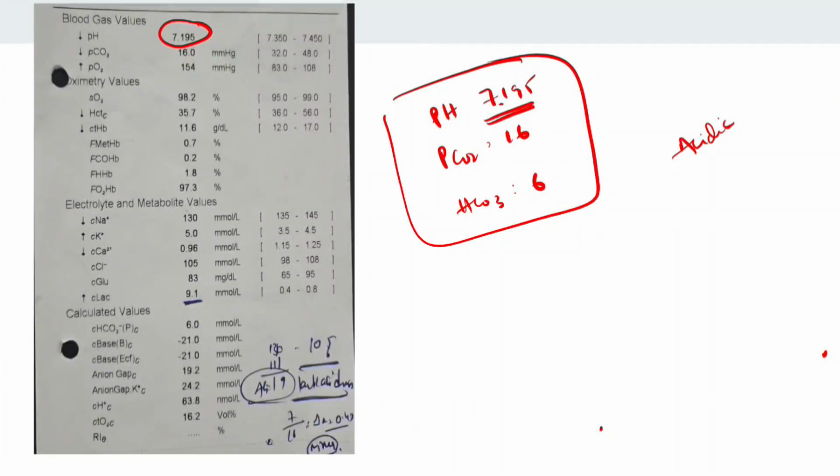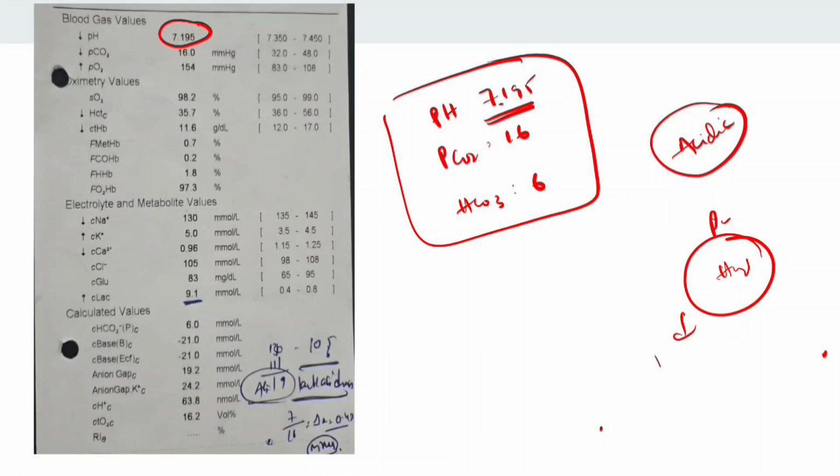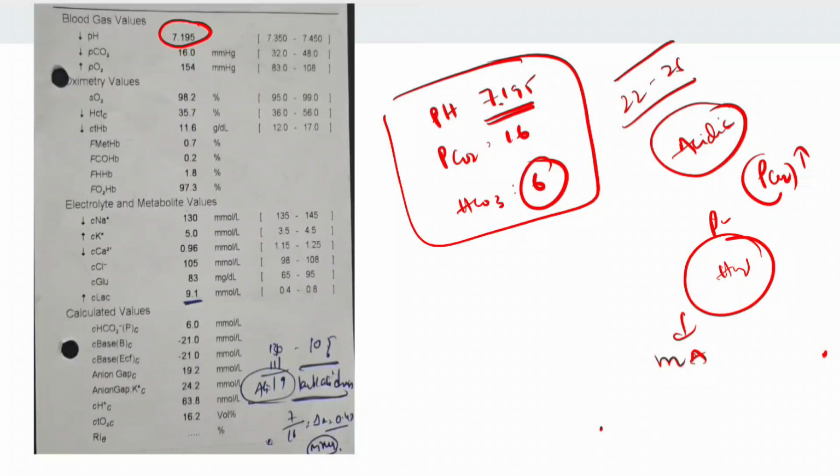Whether it is respiratory acidosis or metabolic acidosis, we should look at PCO2 and bicarbonate ion. If bicarbonate is decreased, it is metabolic acidosis. If PCO2 is increased, it is respiratory acidosis. Here the bicarbonate value is 6. The normal value is 22 to 26, so it is obviously decreased. So it is metabolic acidosis.